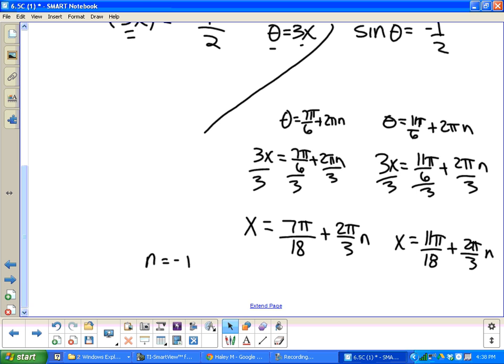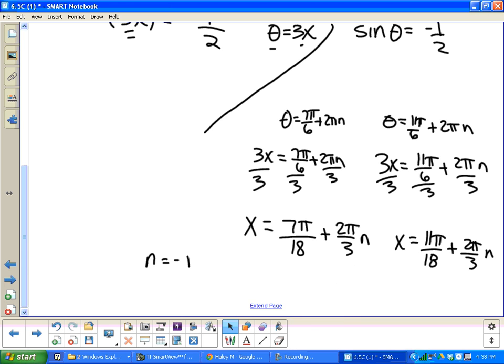If I got -1, what may help you out here is to write it in the form of something over 18. So 2 pi over 3 in the form of something over 18 would be 12 pi over 18. So if I let n equal -1, I would subtract that, and it would be negative.